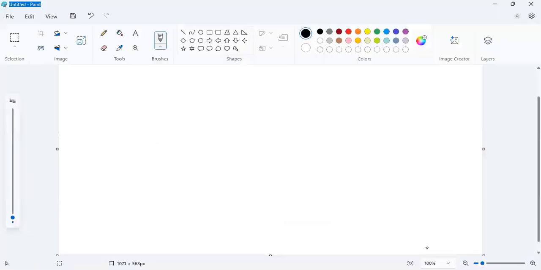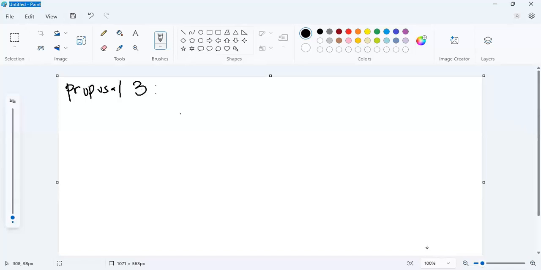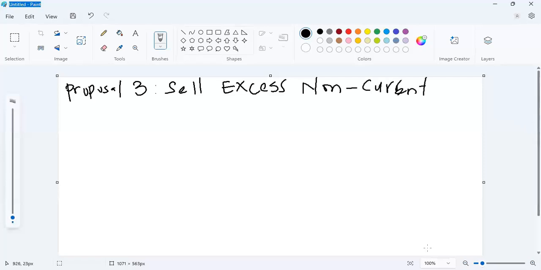Proposal 3 now. Sell excess non-current assets.